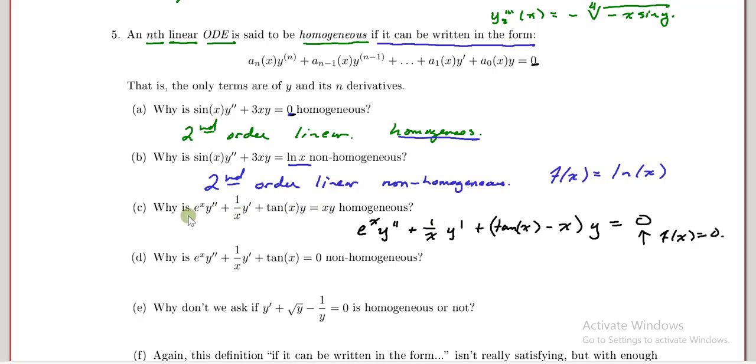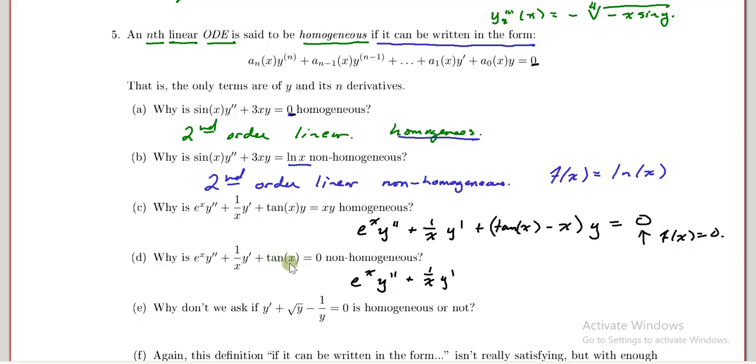So do you see where you can get into trouble if you erroneously say, oh, if it's set equal to 0, it's homogeneous, and if it's not set equal to 0, it's non-homogeneous. That assumes that you first put it into linear form. For example, this function right here is not in linear form. If we were to put it into linear form, there's e sub x y double prime plus 1 over x y prime.